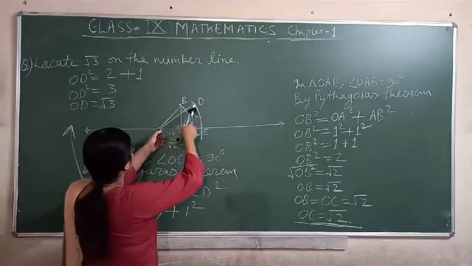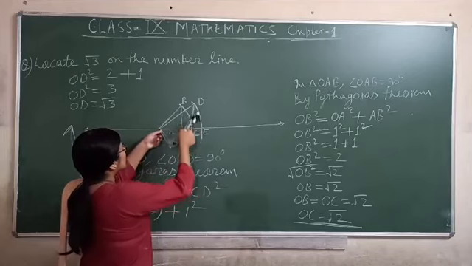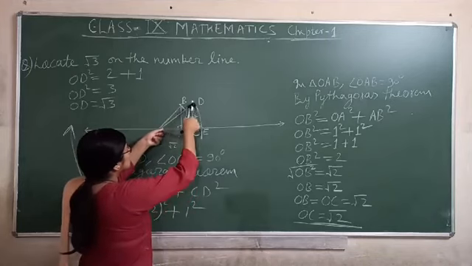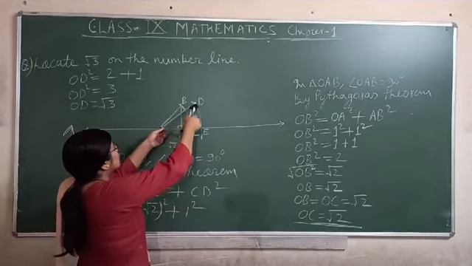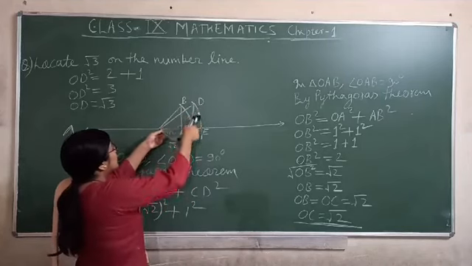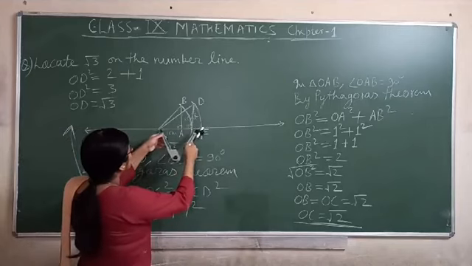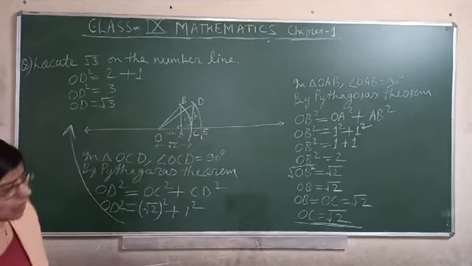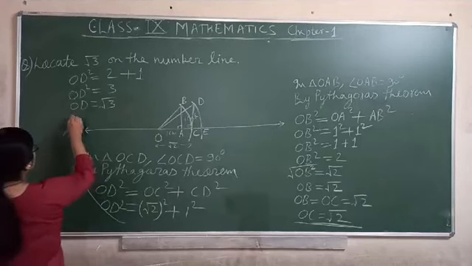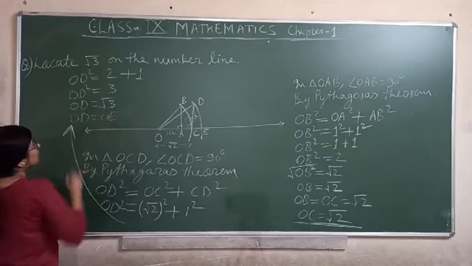Okay, but look at OD. How much is OD? Same as OC. Both are equal in measurement. They are radii of the same circle. If you complete this whole, you will get a circle. So OD and OE will be equal. So we can write OD equals OE.